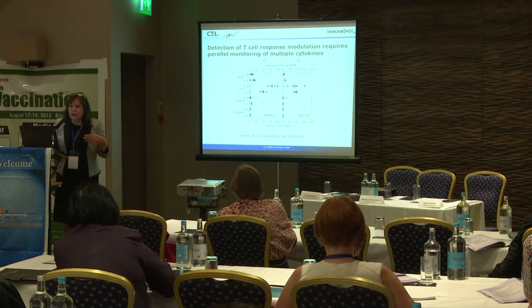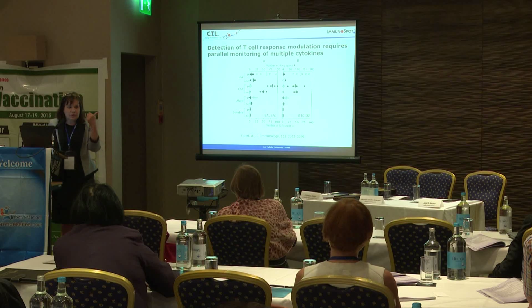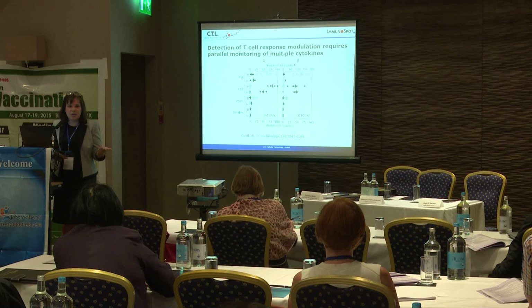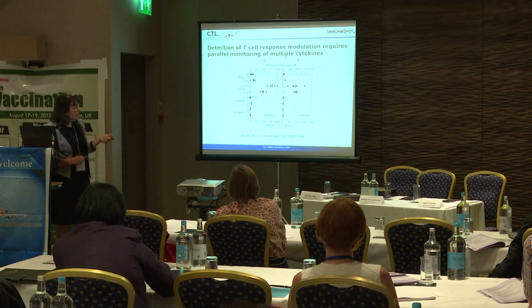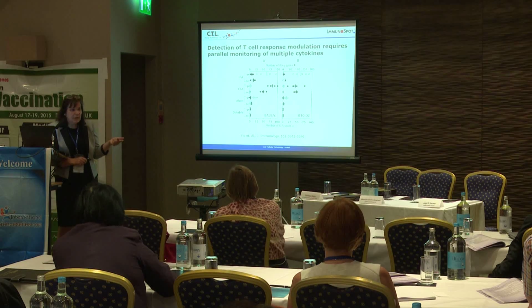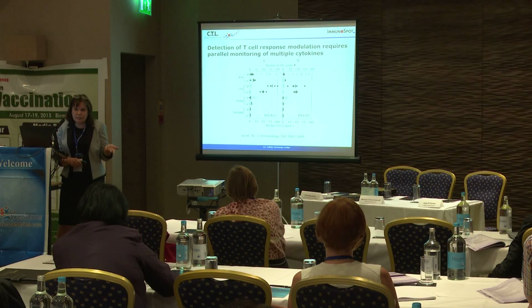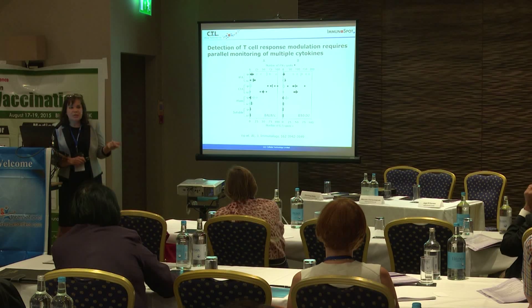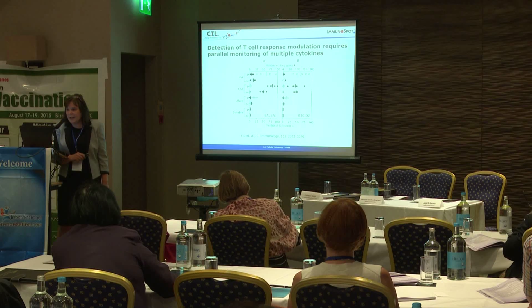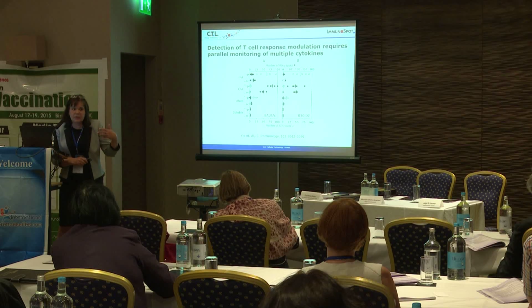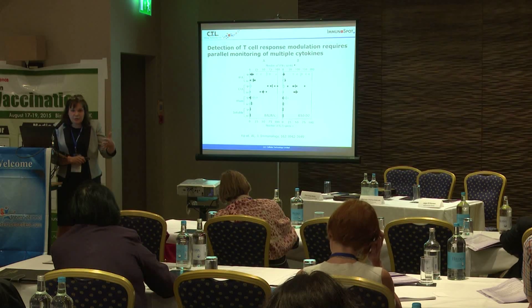Okay, now, in other words, even though the total IgG was the same, the T cell response was differently influenced by the adjuvant. You got a Th2 immune response or a Th1 immune response, even though the total IgG was the same, okay? So it's very important to look at the T cell responses induced by the adjuvants and make sure the right type of T cell responses are induced by the adjuvant used.